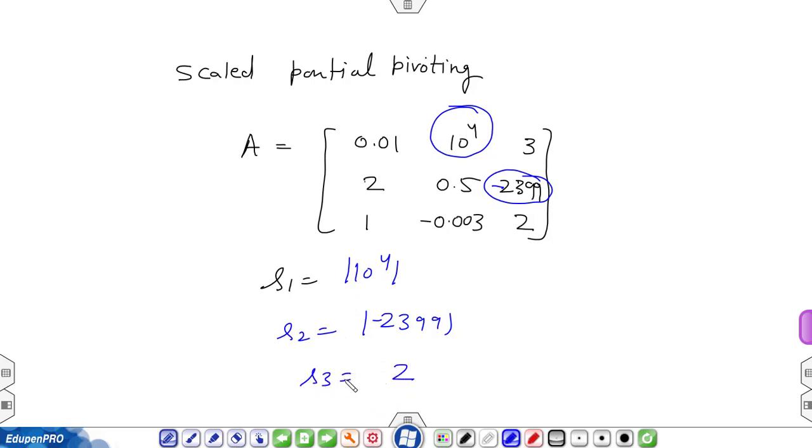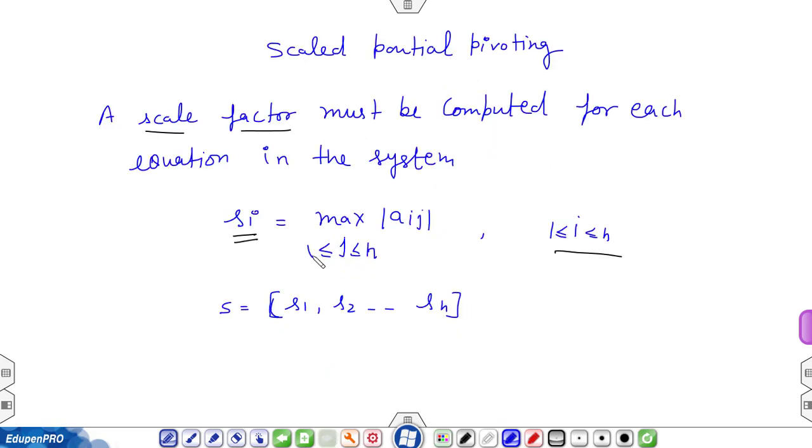S1, S2, S3 are called the scale vector, defined as the maximum of mod Aij, with j from 1 to n, that is, associated with the ith row, and i from 1 to n. In each and every row of the matrix A we find Si, and we store the values S1, S2, S3 in a scale vector S.